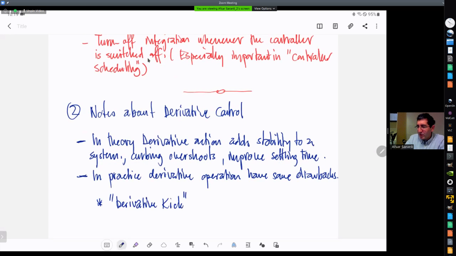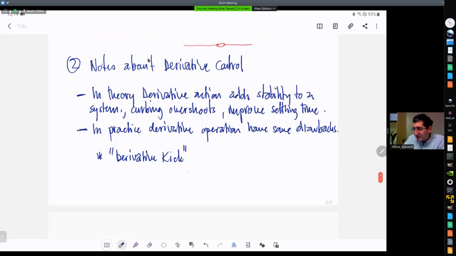So think about if your reference input R of t is piecewise constant, the error will be piecewise constant. So your error function, let's call this E of t, will also have a discontinuity. Depending on what the output is, obviously, it's not going to have the same value.